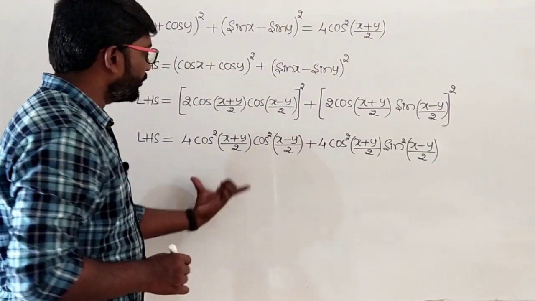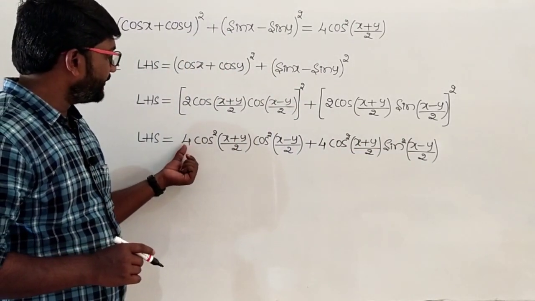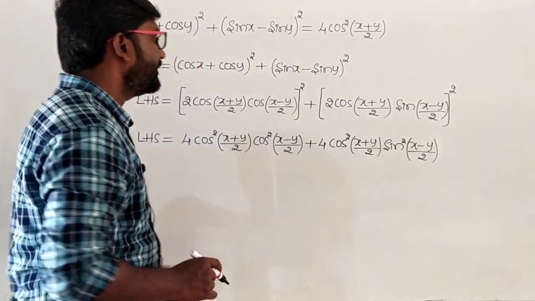Now in both the terms, what is common? The common term is going to be 4 cos square of (x plus y) by 2.